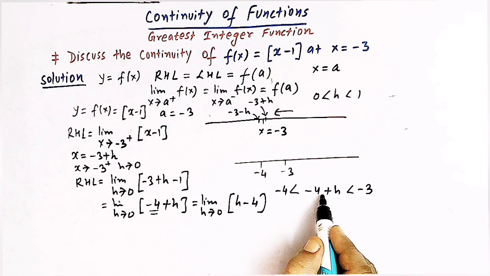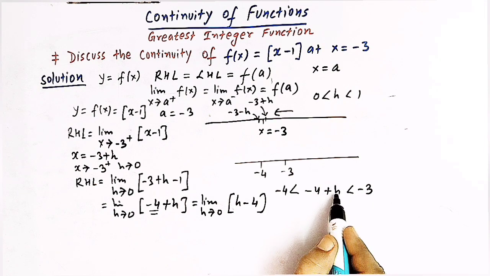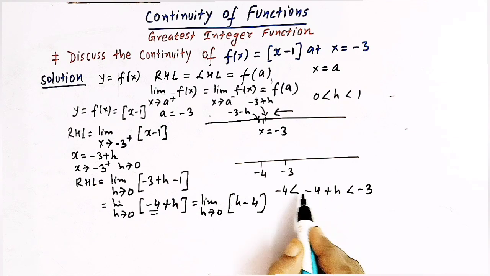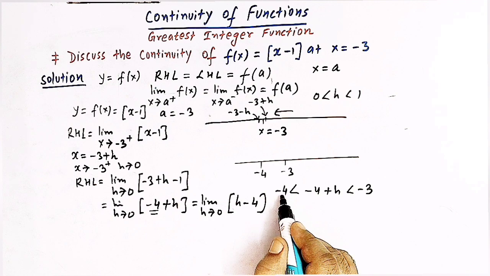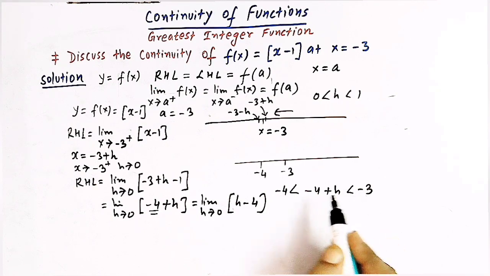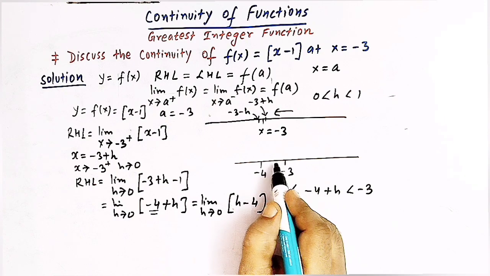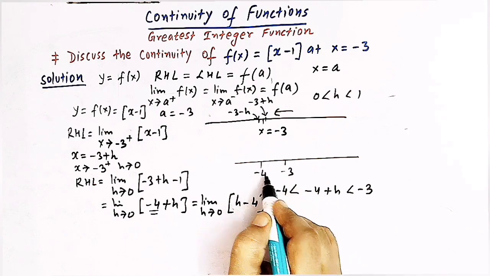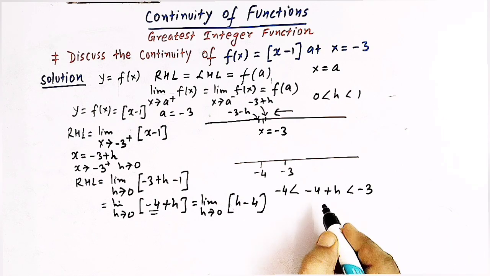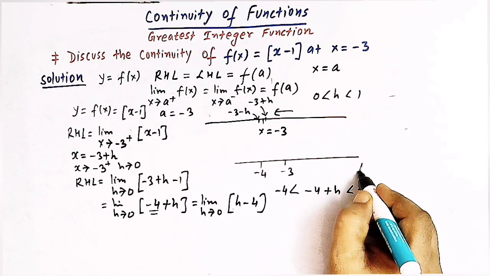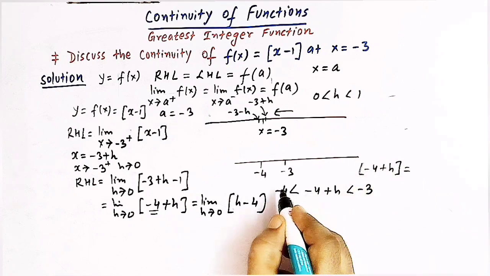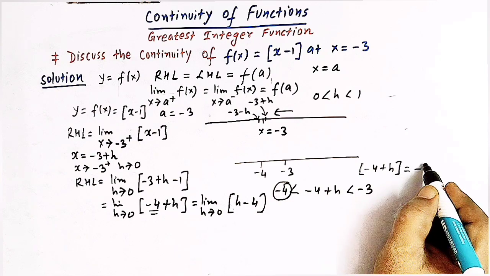So minus 4 plus h lies somewhere between minus 4 and minus 3, and by the definition of the greatest integer function, the greatest integer of minus 4 plus h is equal to minus 4, right?